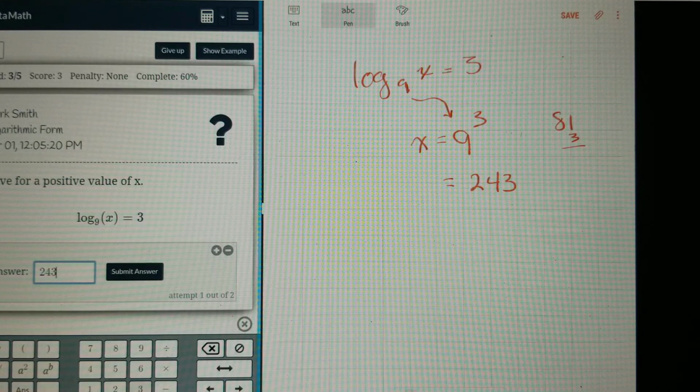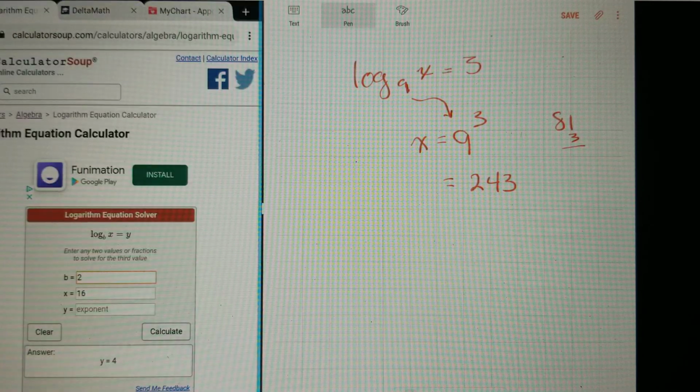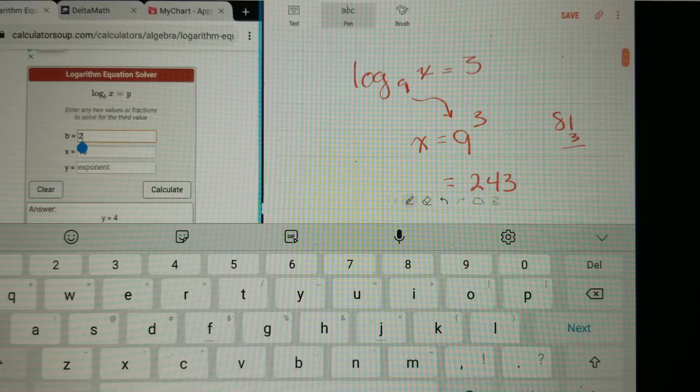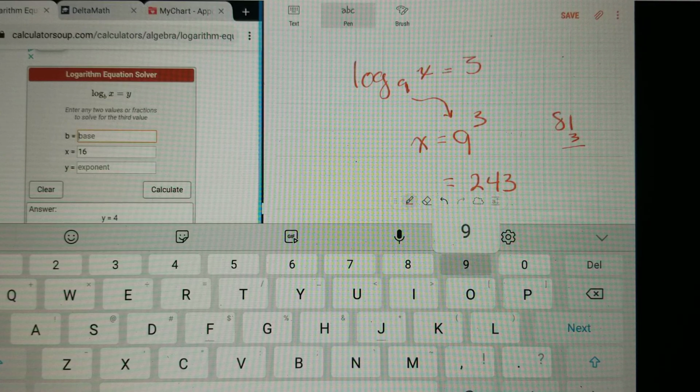Okay, but let's check our answer first. Go up here to our log calculator, and we know the base is 9. We don't know what x is, but we do know what y is. That's a 3.